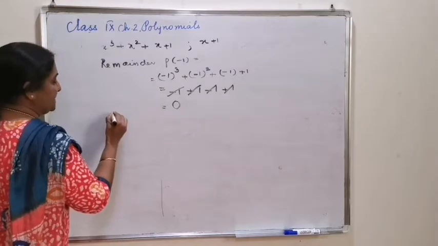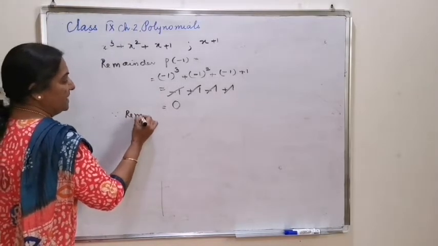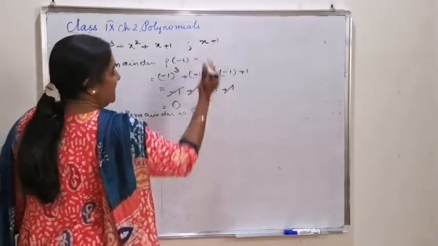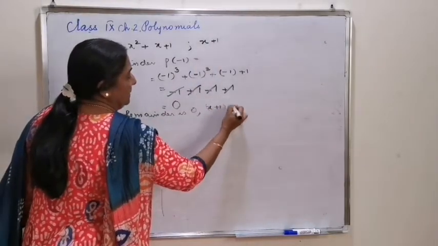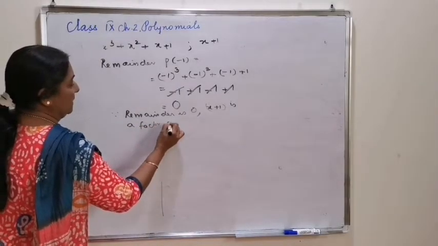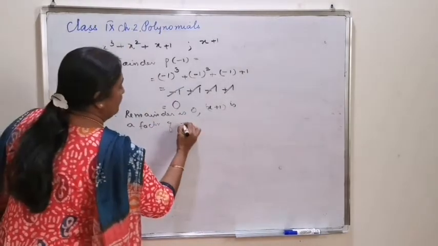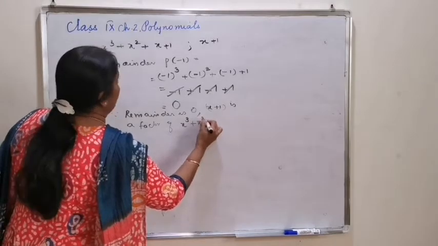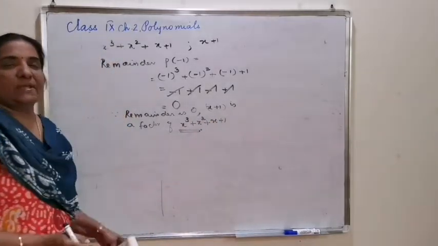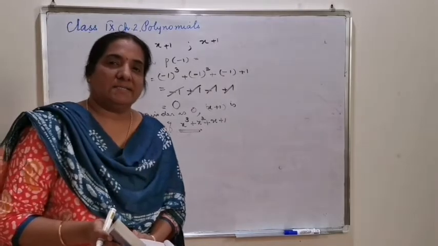How do you present? Since remainder is 0, x plus 1 is a factor of x cube plus x square plus x plus 1. This is the way of presenting your answers.